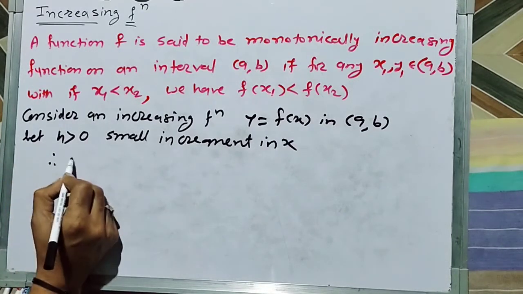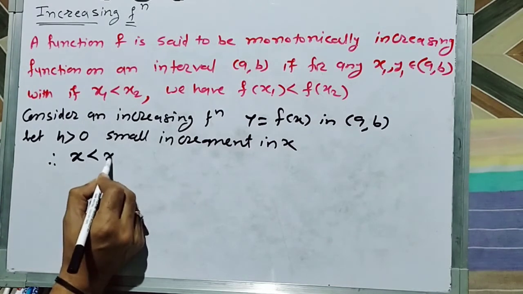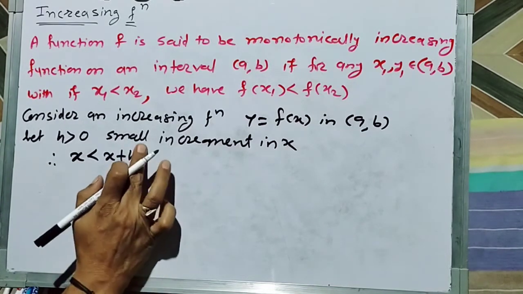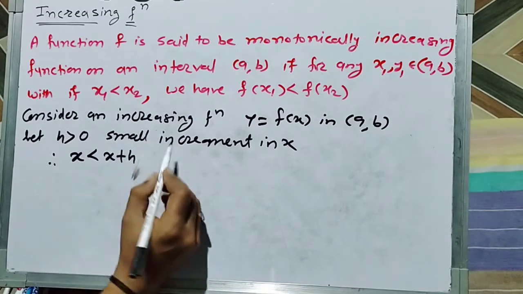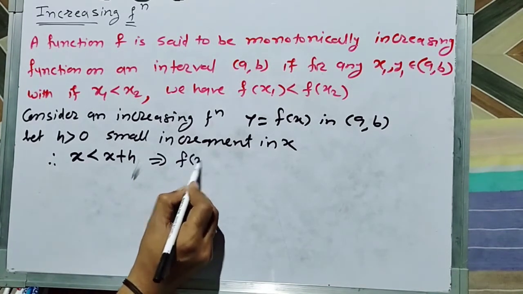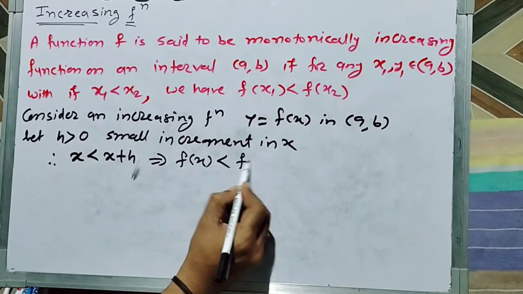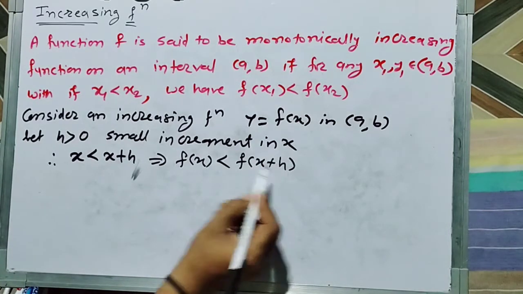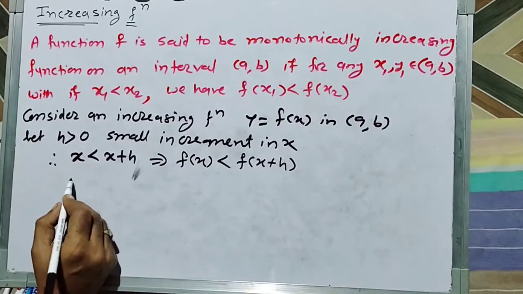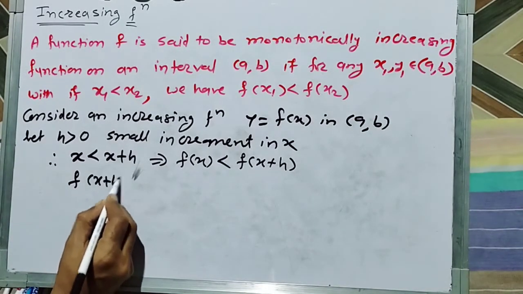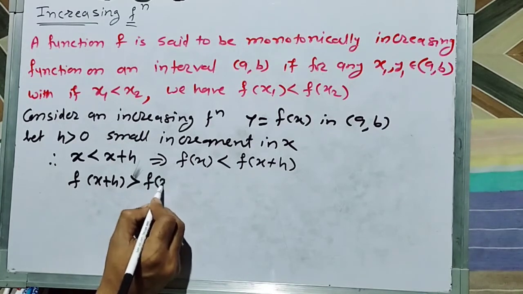So therefore, as x is less than x plus h, this implies f of x is less than f of x plus h, as f of x1 is less than f of x2. So that is f of x plus h is greater than f of x.